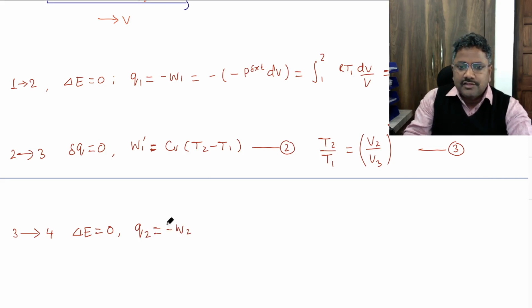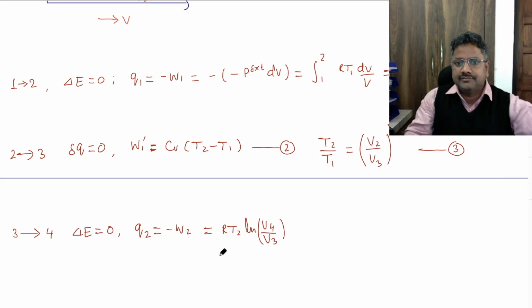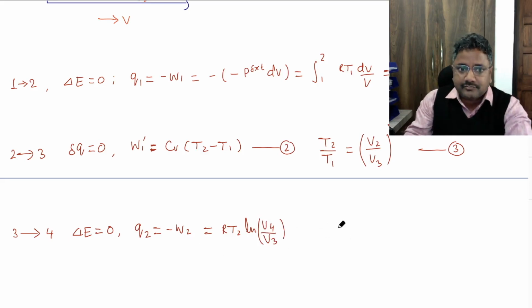So Q2 is equal to minus W2, which is equal to RT2 ln V4 by V3. Right? We can write this. This is equation 4.